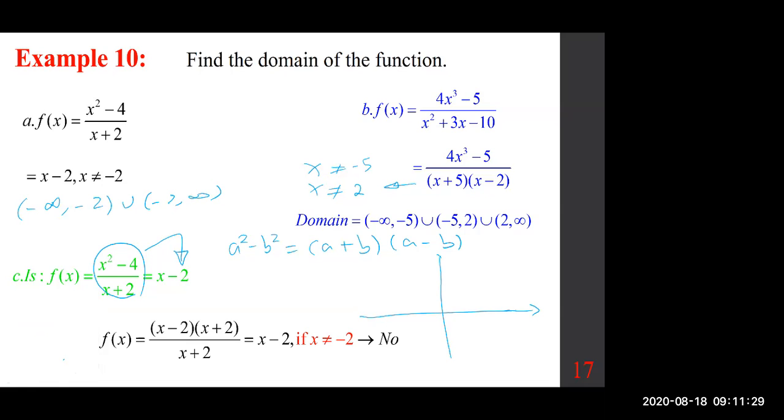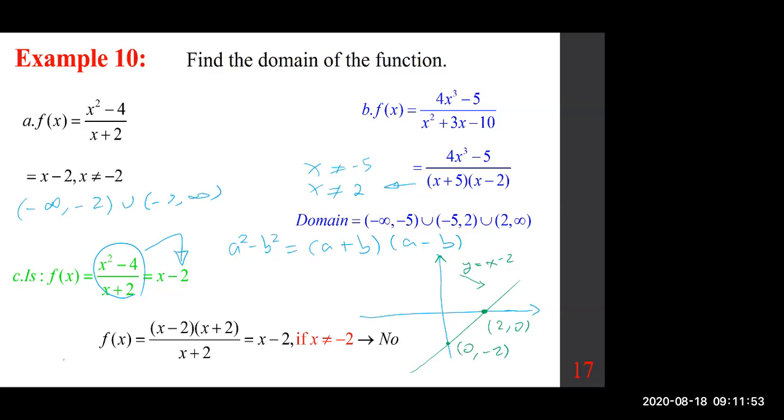Looks something like this, class. So this is 2, 0, 0, -2. And this is the graph of y equals x minus 2.